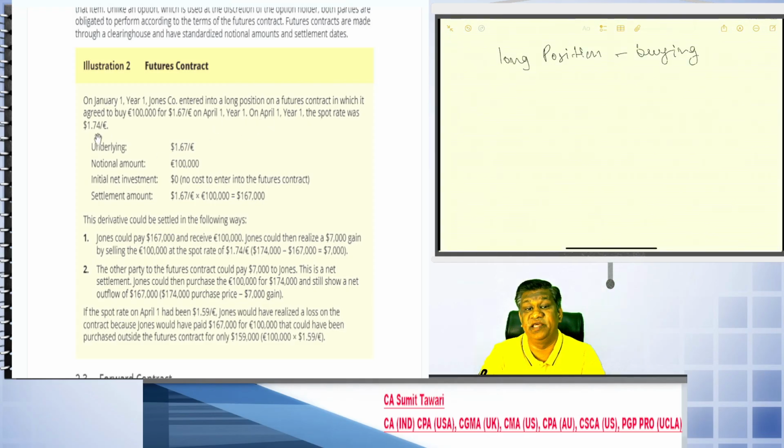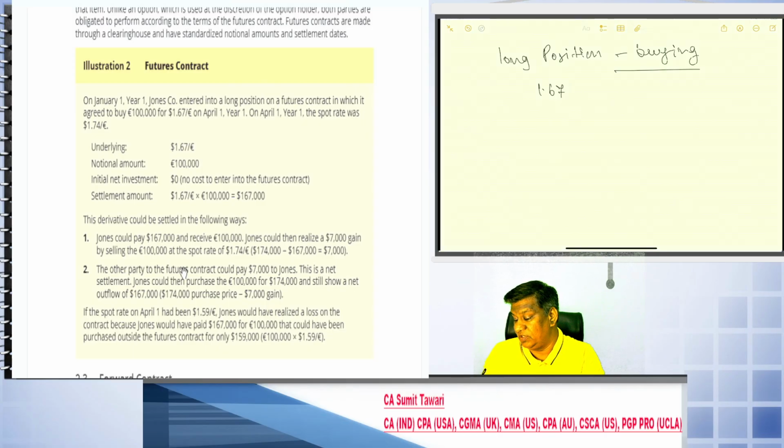So what happened here, he can buy at 1.67, and the rate is 1.74, so he is going to gain a profit. Jones could pay 1.67, receive 100,000 euro and could then realize a 7,000 gain. He has a buying obligation and the rate is 1.67.